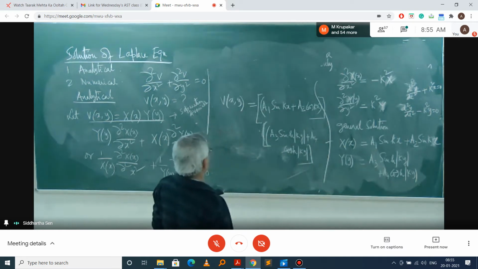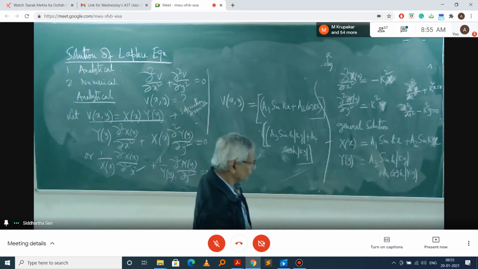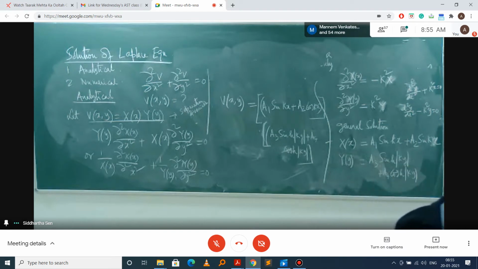So this is the solution, and we need to find it by putting several boundary conditions there.